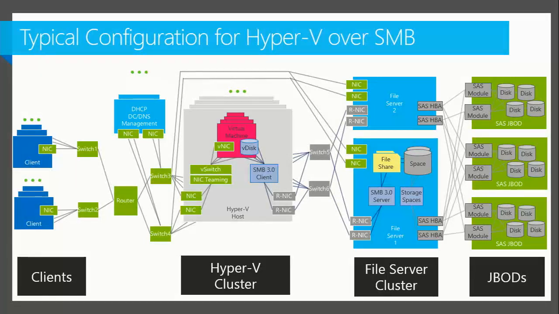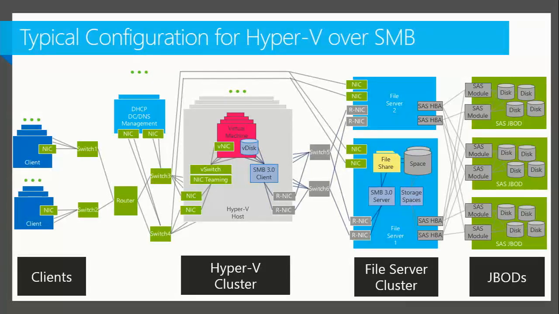You see on the right there, you have the SAS infrastructure connecting your file servers to your JBODs. Then between the Hyper-V hosts and the file servers, you have the RNICs. So that's my short for RDMA NICs, right? Jose, do I need RDMA NICs? No. You can use regular NICs as well. This is just my typical configuration.